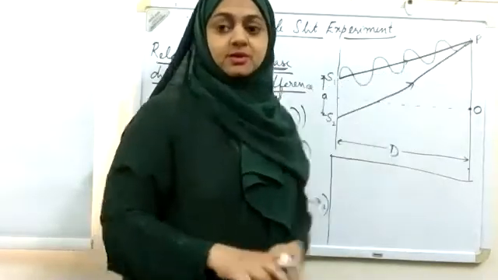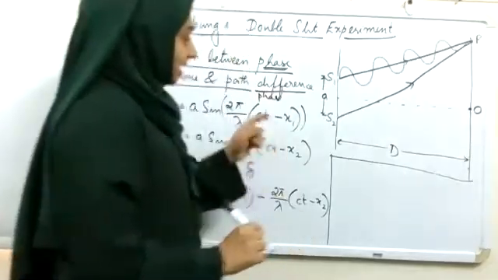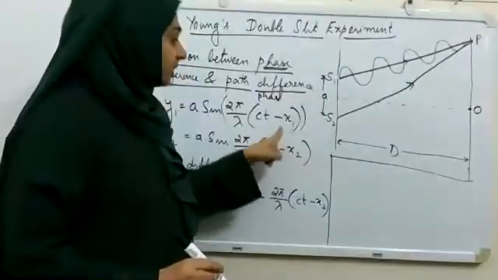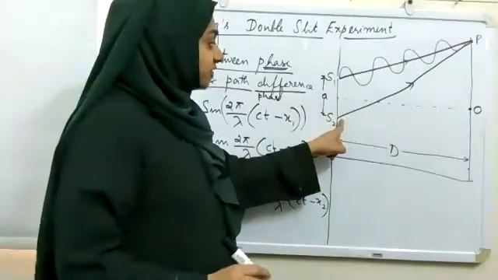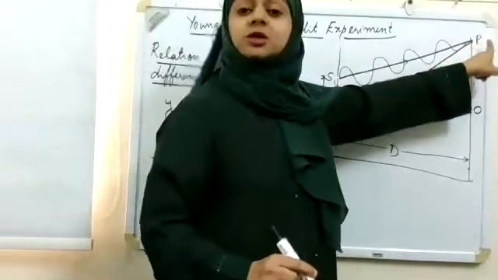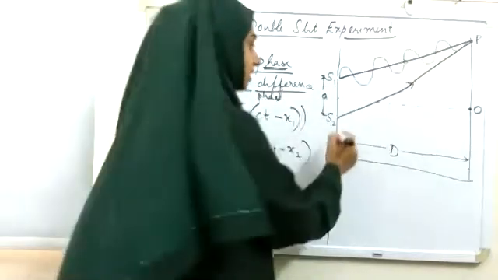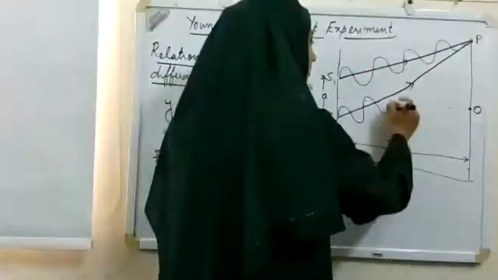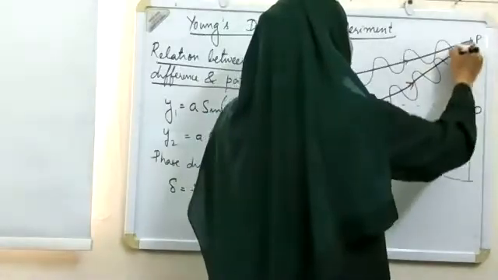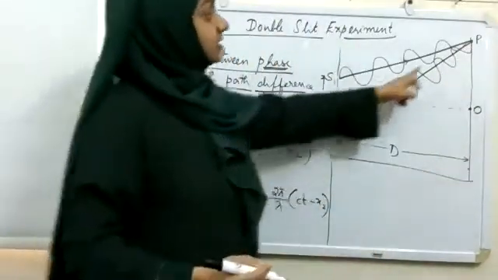But x2 will be more than x1, because from S2 it has to travel a longer distance to reach P. Another wave is going, so this wave must have traveled a larger distance.